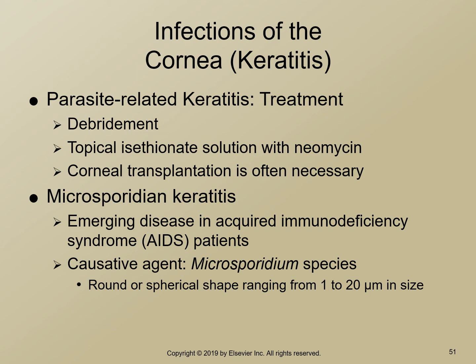In humans, both ocular and non-ocular diseases have been reported. The causative agent of microsporidial keratitis is Microsporidium species. These appear round or spherical shaped, ranging from 1 to 20 micrometers in size when viewed microscopically.